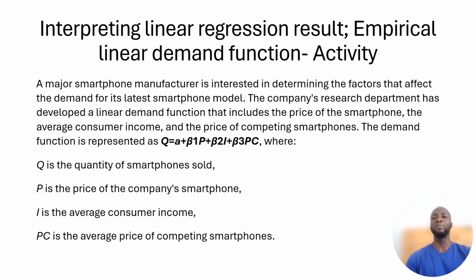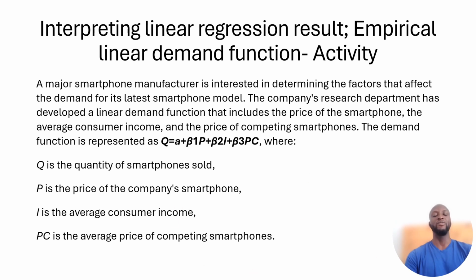The company research department has developed a linear demand function that includes the price of the smartphone, the average consumer income, and the price of competing smartphones. The demand function is represented as Q, you can say quantity demanded, equals A, which is the intercept, plus beta 1 multiplied by the price, plus beta 2 multiplied by the income, plus beta 3 multiplied by the price of competing smartphones, where all of this is stated here.